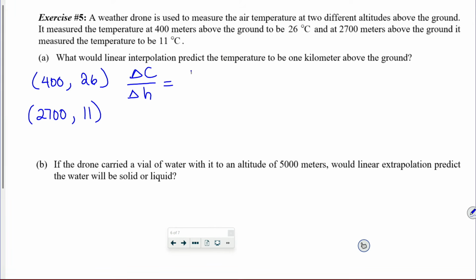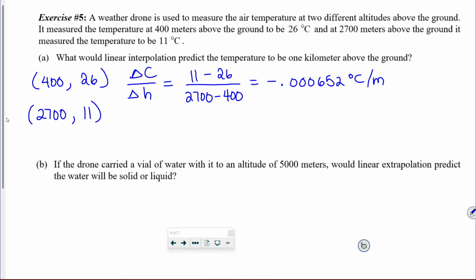We can say is 11 degrees minus 26 degrees, all divided by 2,700 minus 400. And that in fact does come out to be both negative and actually quite small and messy. I took it out quite a few decimal places, 0.00652 degrees Celsius per meter.